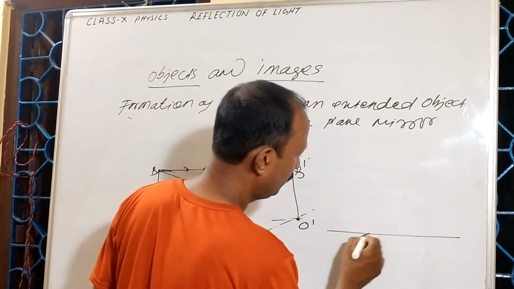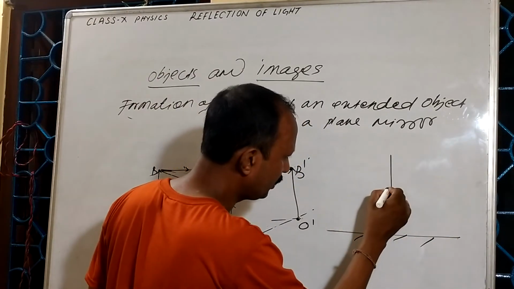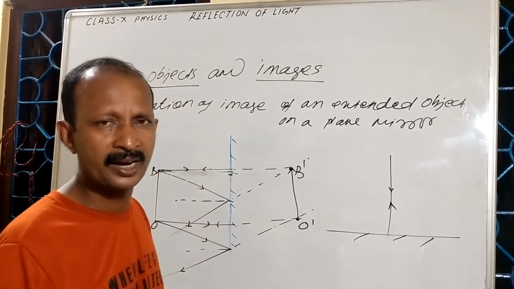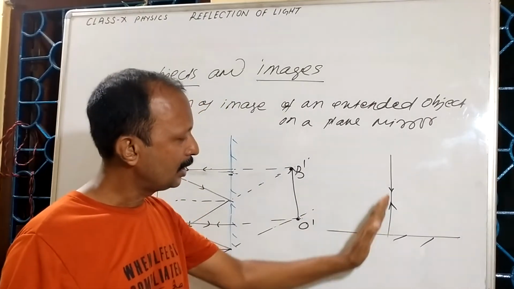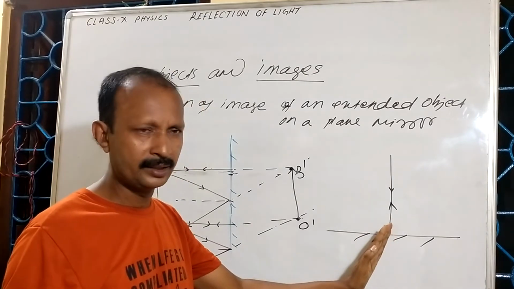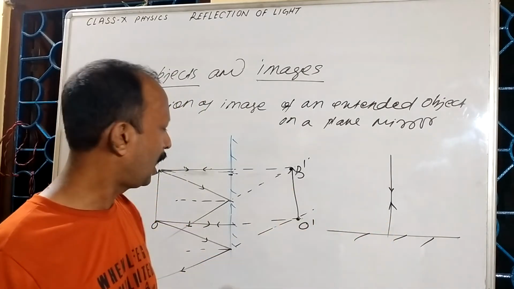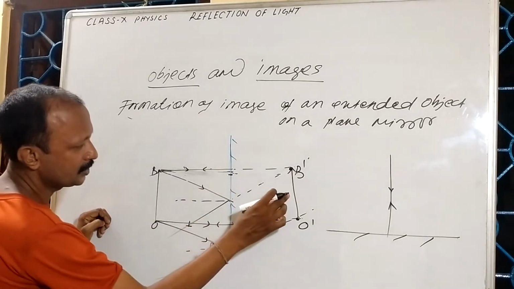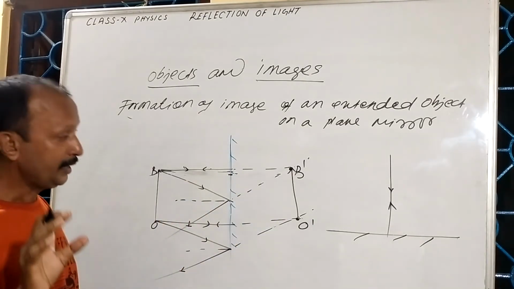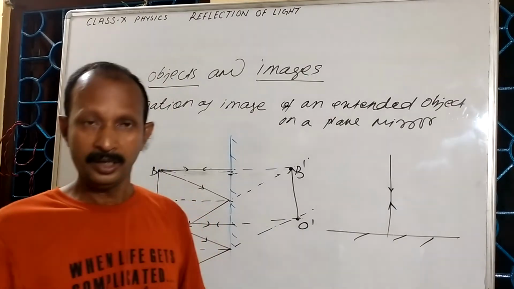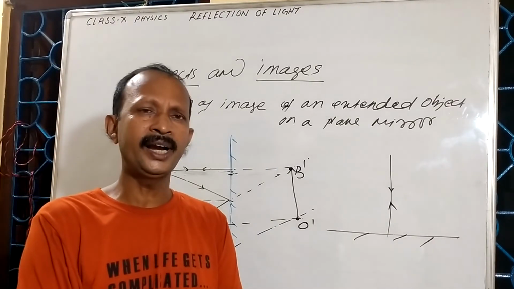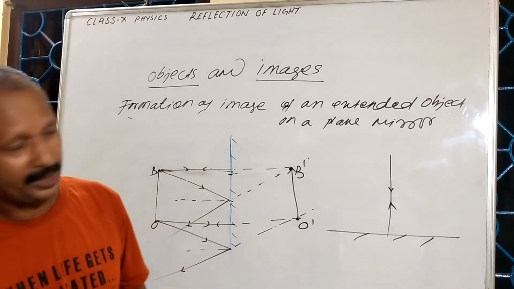That means if this is the mirror, this is the incident ray, and this will be the reflected ray. Both coincide. So this is the object, this is the image. And in a plane mirror, the image of an extended object, you will find, is laterally inverted.